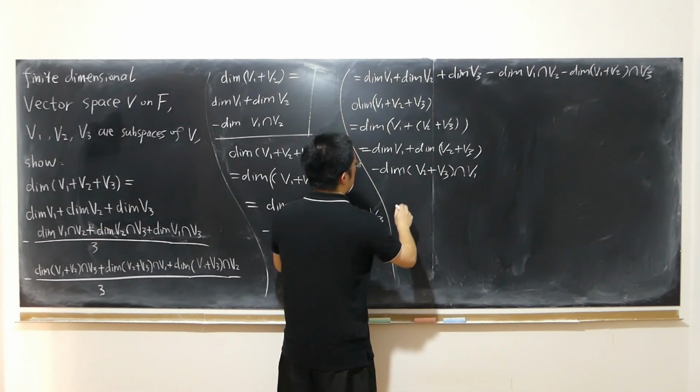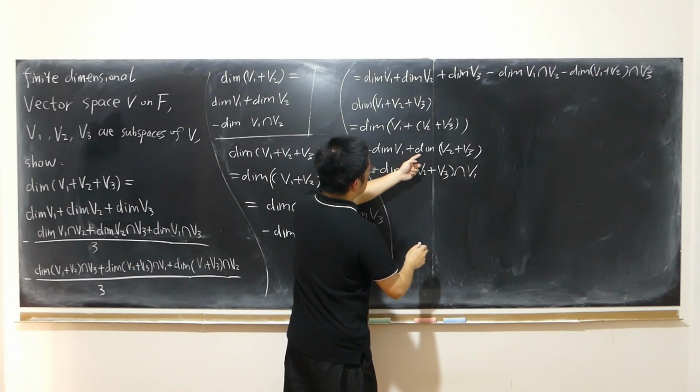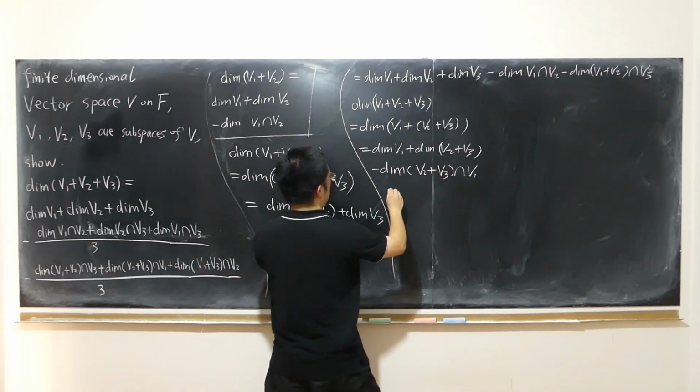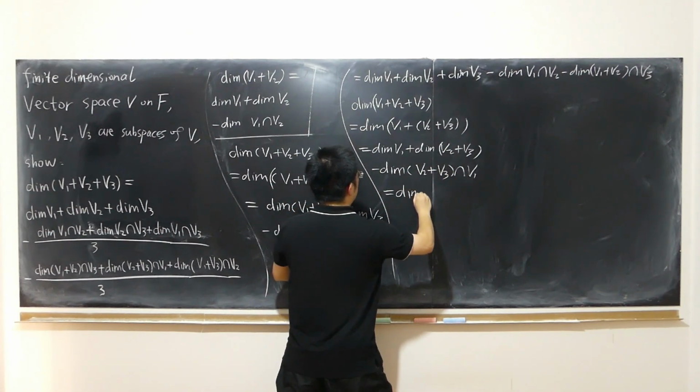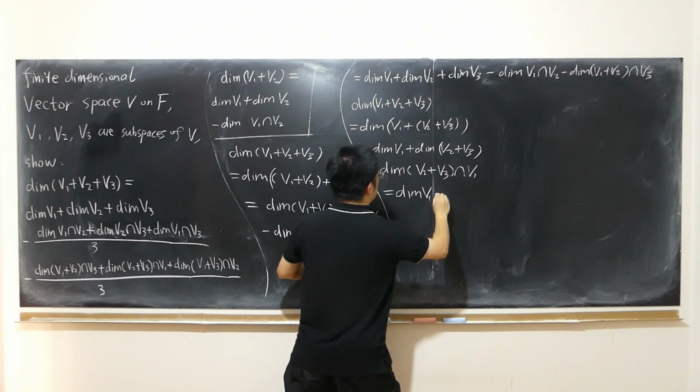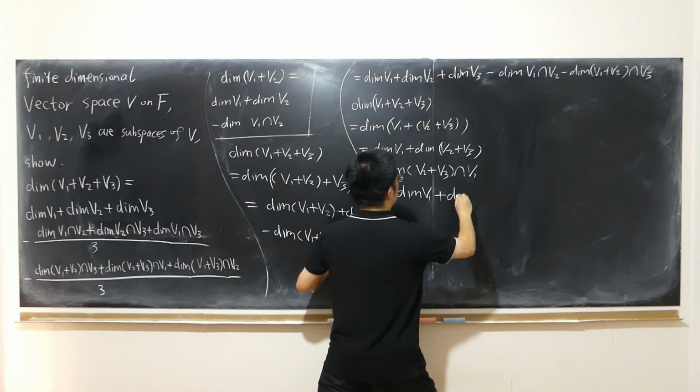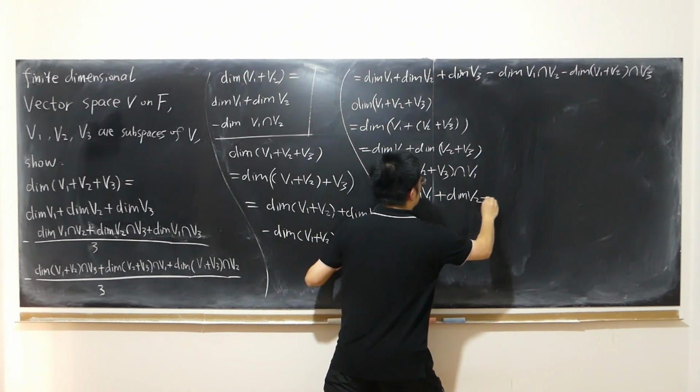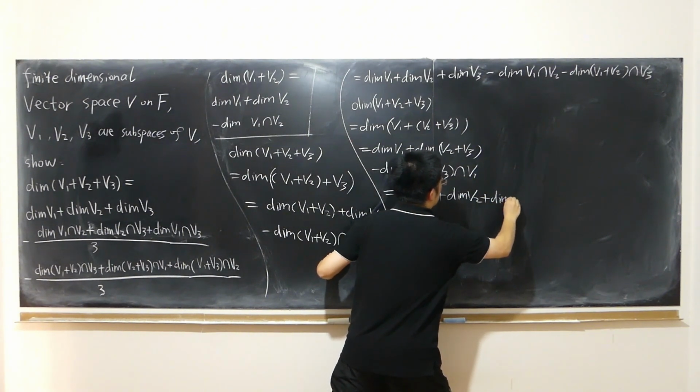So again, rewrite this dimension. Copy it down, this one, plus the dimension of V2 plus the dimension of V3.